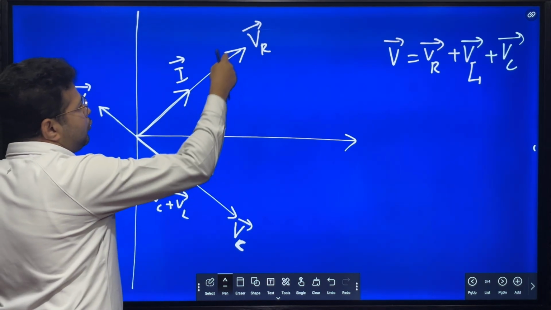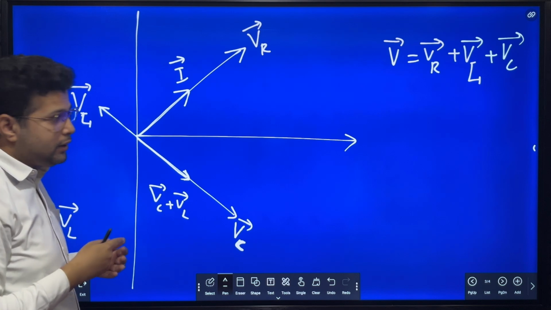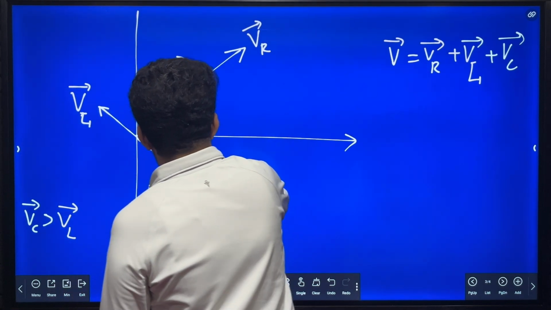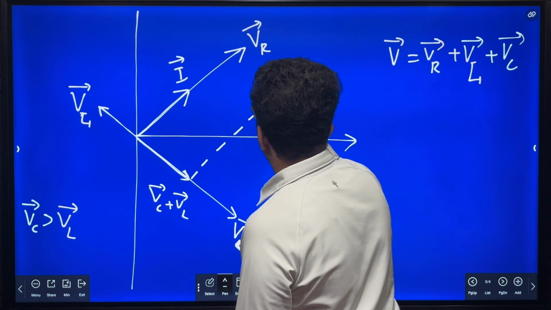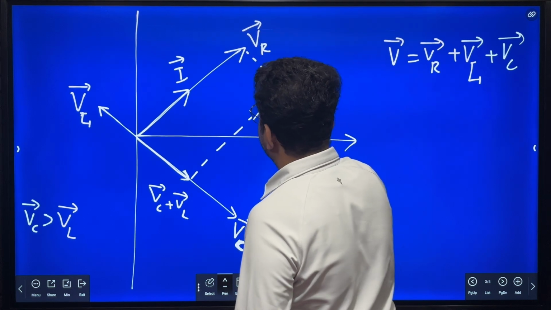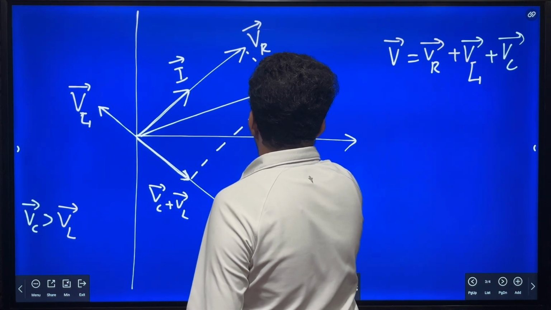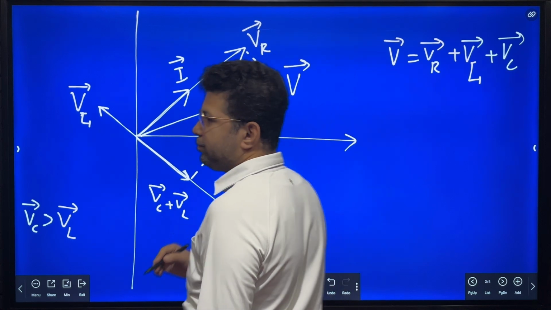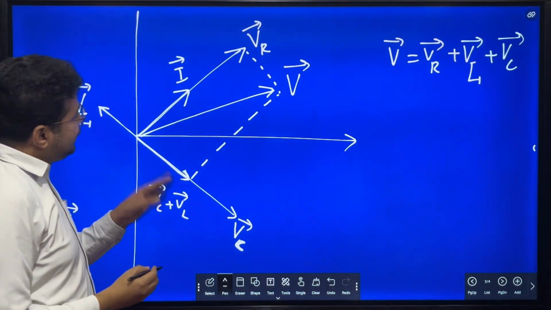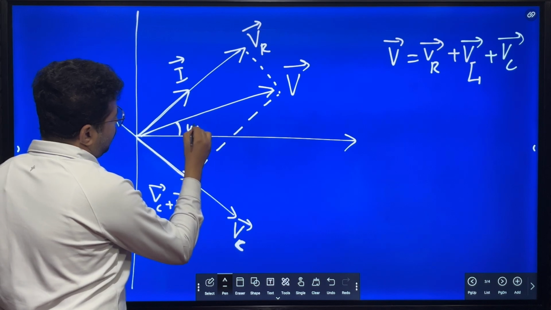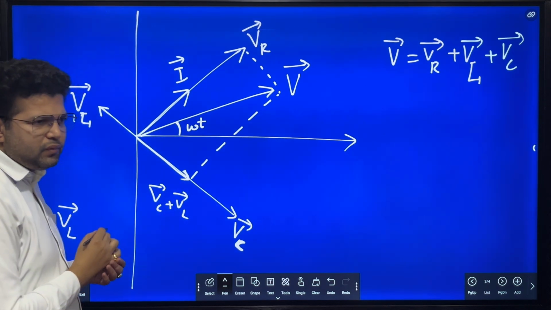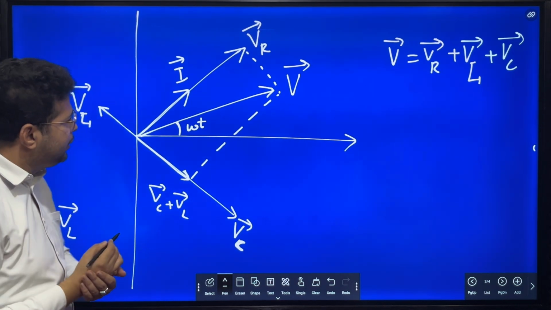And here there is the voltage phasor across the resistor. How to find the resultant? Complete the parallelogram. So this is the resultant voltage. Say the resultant voltage makes an angle omega t; the phase of the resultant voltage is omega t.